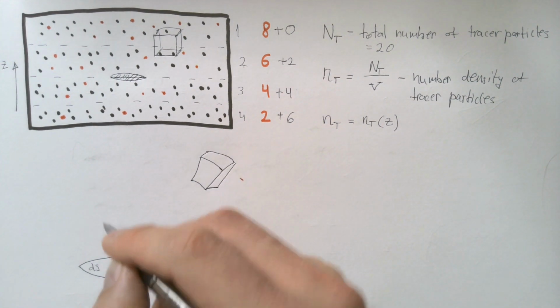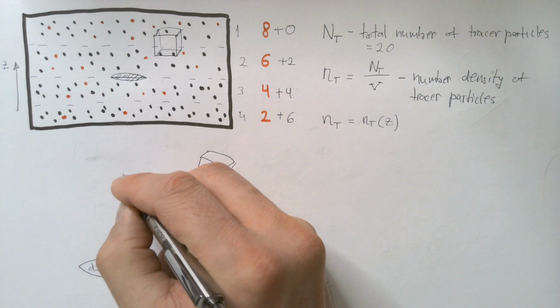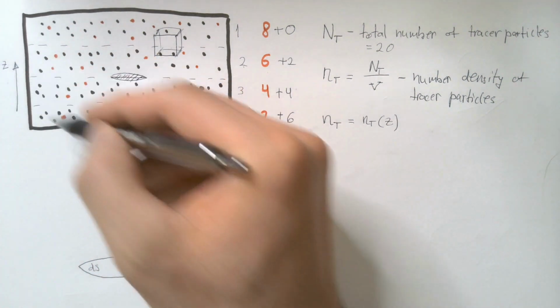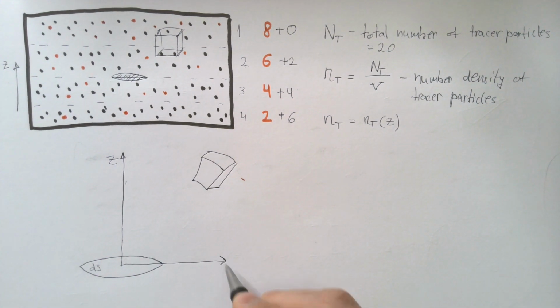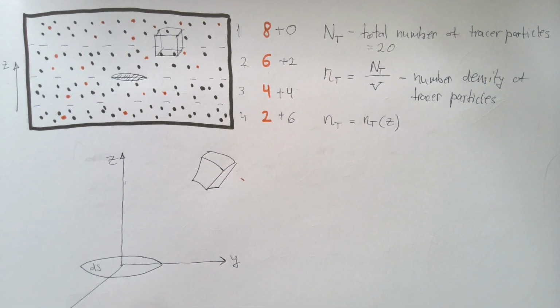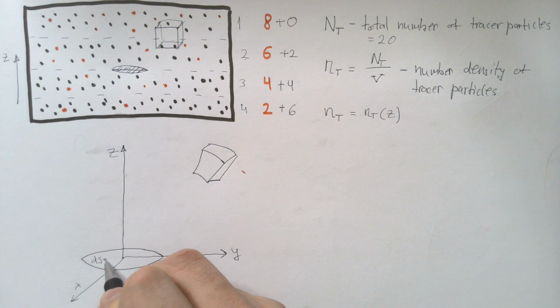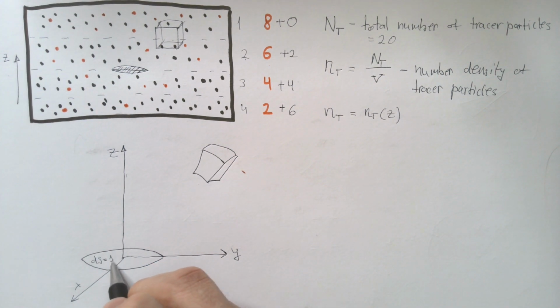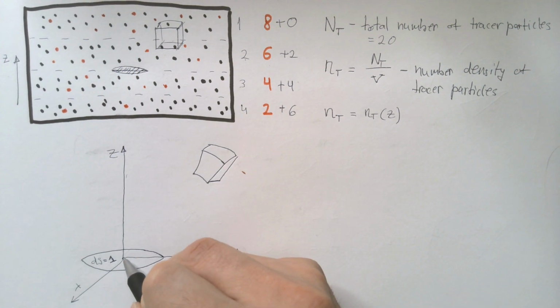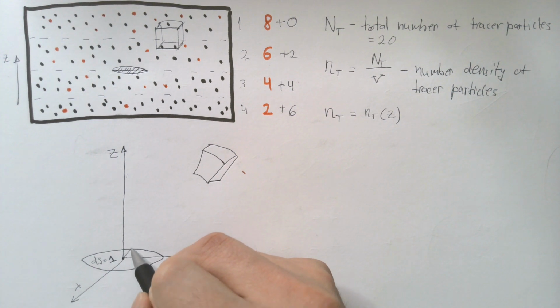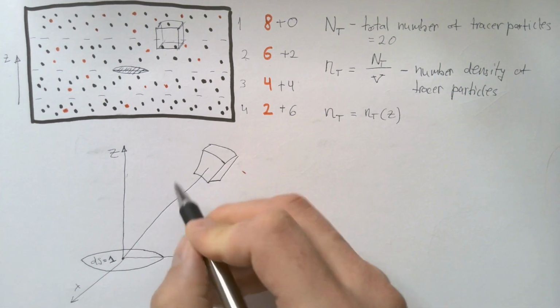I will introduce spherical coordinate system, which means, as you can see, this is my z-axis, this over here is my y-axis, and this over here will be my x-axis. This surface element will have unit area. ds is 1. Whatever that area is, I will call it unit area. Distance between the surface element and this volume element is r.